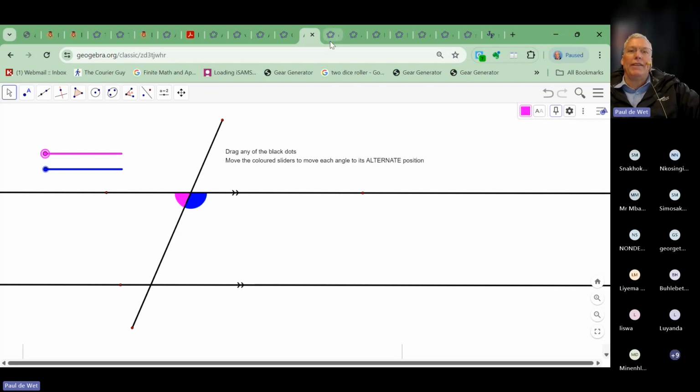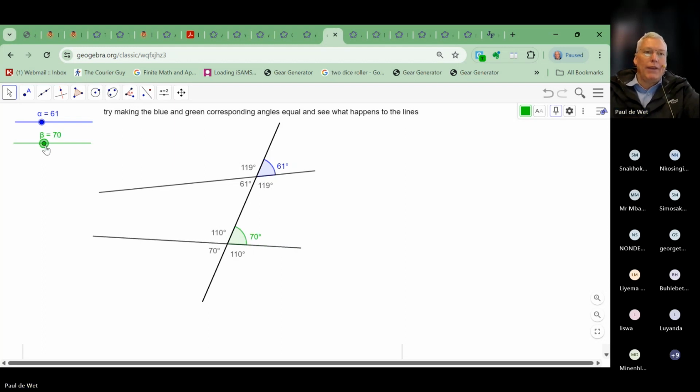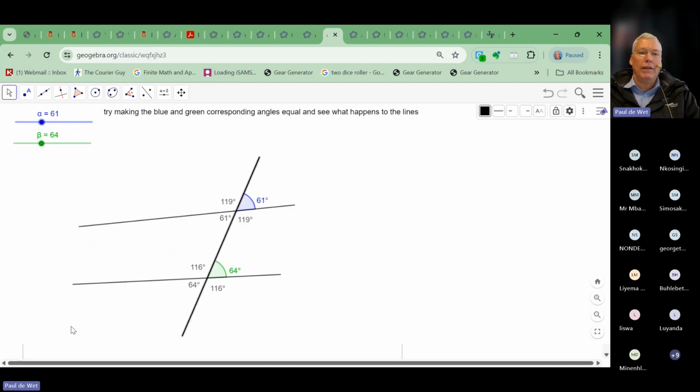Okay, right. The next thing I want to show you is, are these lines parallel? No. What must I make this green angle for these lines to be parallel? If I want the lines to be parallel, what size must the green angle be? It must be 61. Have a look, guys. Ha! Parallel. Not parallel. Parallel. Okay, let's just do another one.